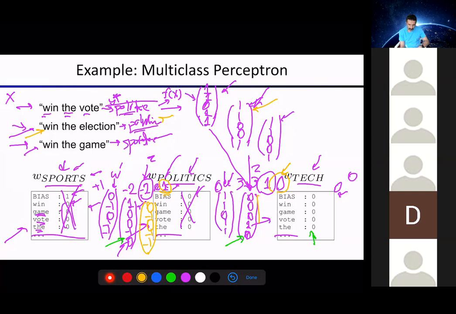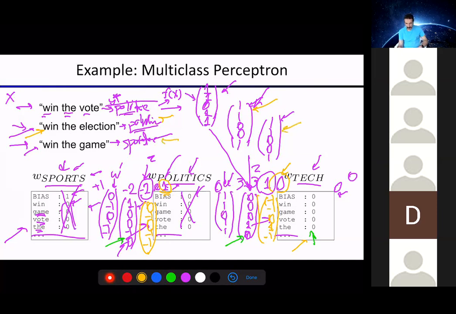I think we calculated correctly. I hope so. And for this third one, we do the same. We subtract W from this feature vector, would be -1, -1, 0, 1, -1. Okay, and no adjustment here.